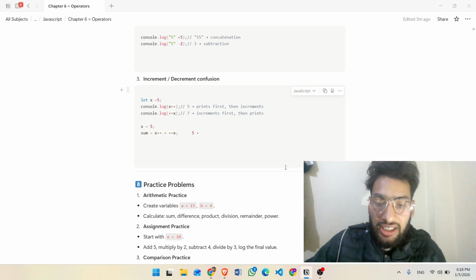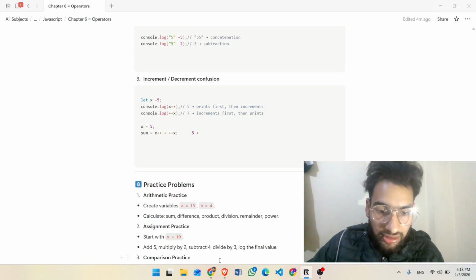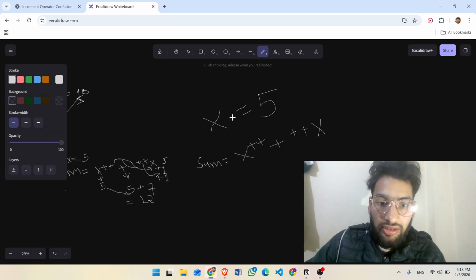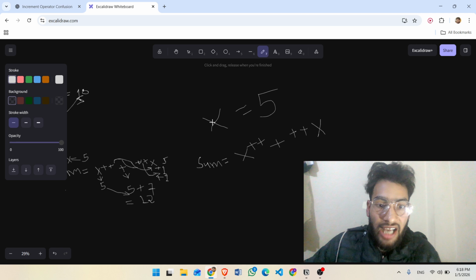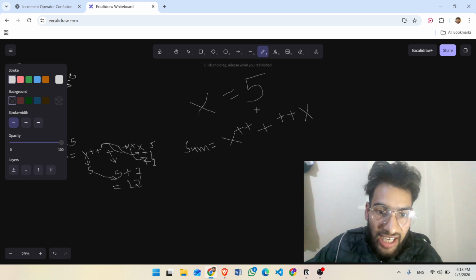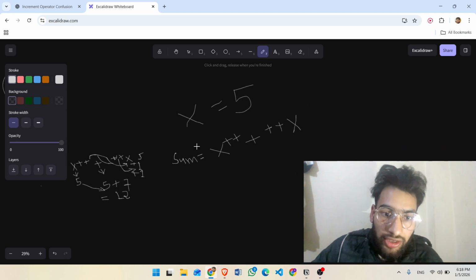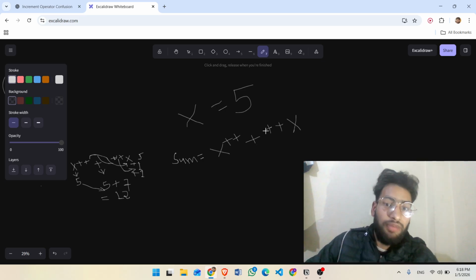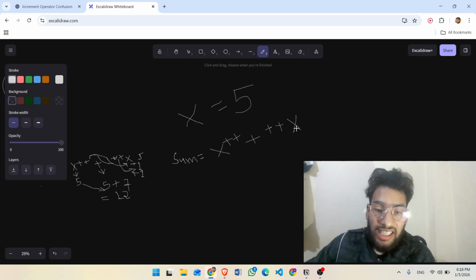If you are confused, I will show you. Here our initial value is 5 and we are going to sum x plus plus and plus plus x, right?